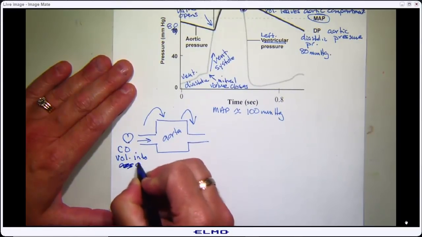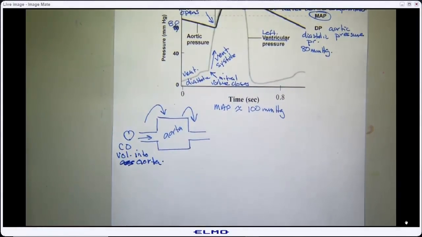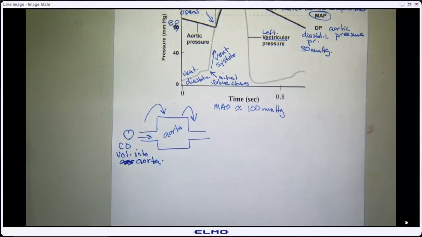Cardiac output represents volume going into that aorta, filling that compartment. And you know an awful lot about that. You know about how heart rate is going to affect this now, and how stroke volume is going to affect this. You know an awful lot about filling this container already. So take all that information that you know about cardiac output, and that relates to filling that compartment.